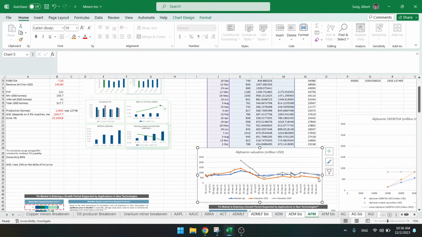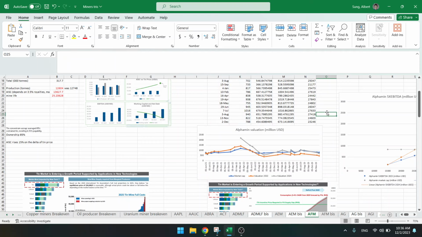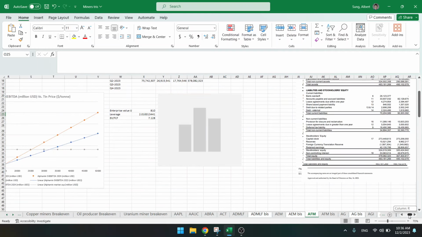So this is the valuation. We are overvalued, a tiny bit overvalued. The blue line is the market cap. So, yeah, I wouldn't buy Alphamin right now. It's a bit overvalued to me.